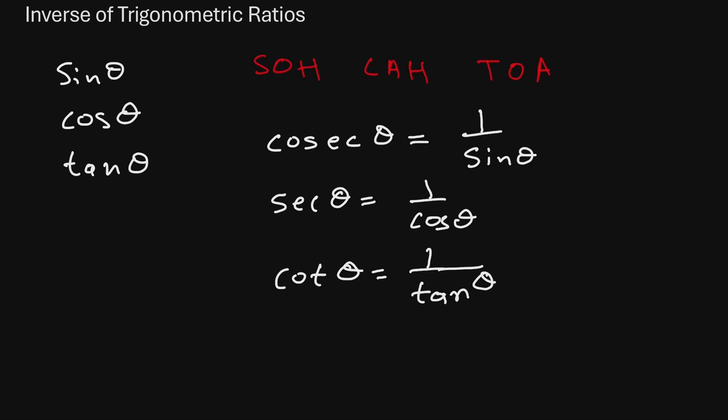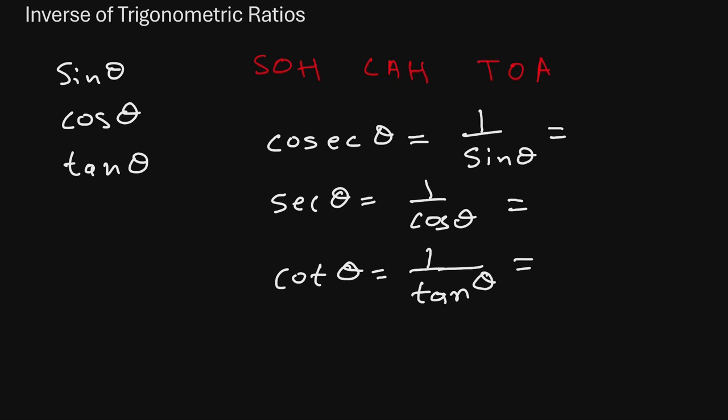So if we see cosec, we know we are talking about the inverse of sine. If you see sec, it is the inverse of cos, and cot is the inverse of tangent. You need to know that. Because cosec is the inverse of sine, what will the ratio be?